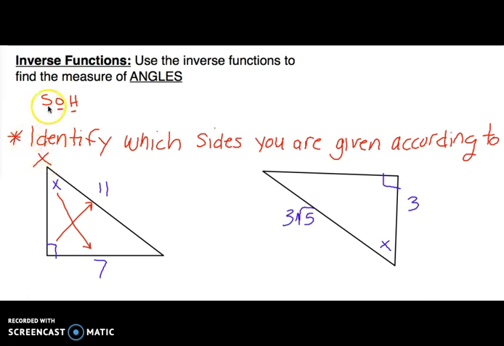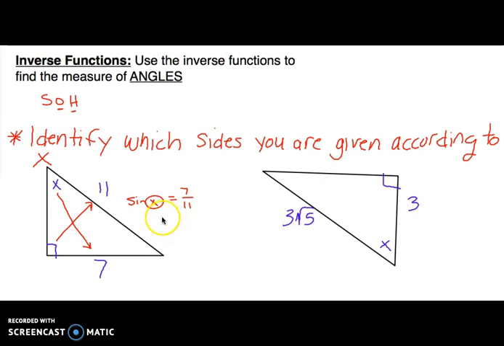The S is the sine function. So when we set it up, we would do sine of X. So I'm just going to write sine X. And this X right here is always the angle. And when we write the ratio, well, sine is opposite over hypotenuse. So that would be 7, my opposite, over the hypotenuse, 11.